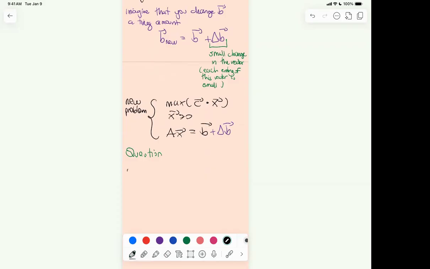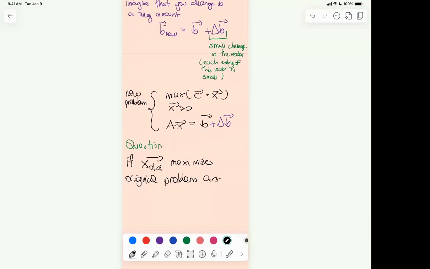Let's call x old the vector that maximizes the original problem, and x new the vector that maximizes the new problem, which is perturbed.